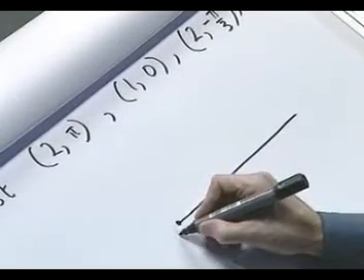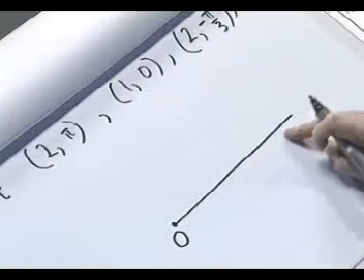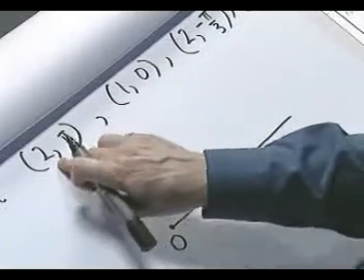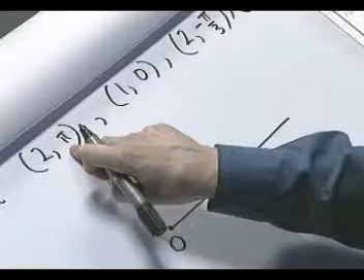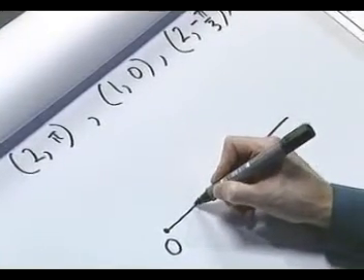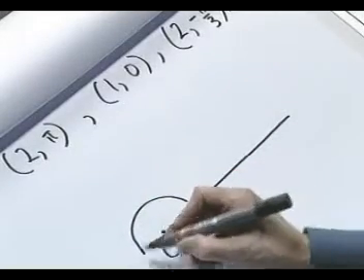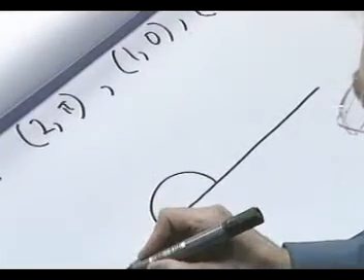So we put our pole O, and we have our initial line. The first one that we've got to plot is 2, pi. So we know that pi is the angle all the way around here. So there's pi to there, and we want to go out 2 units.